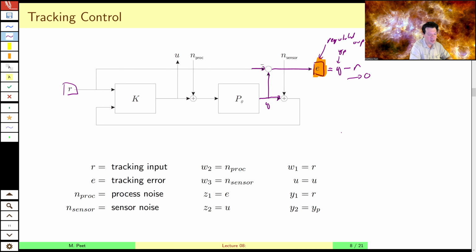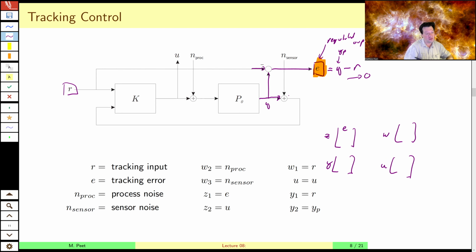If we start keeping track of these things, we've got Z, we've got Y. First, Z is going to be this error signal. And then the inputs here, I'll just for completeness, start keeping track of these things. Put those right there. So there's that regulated output.